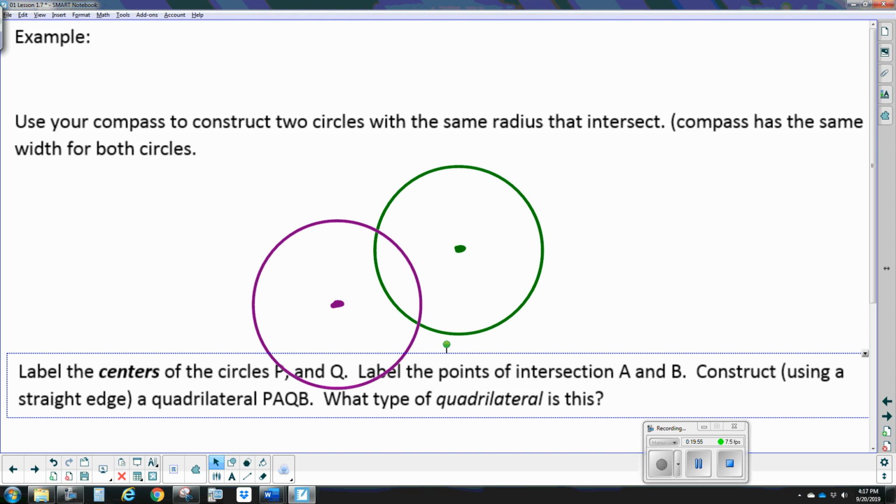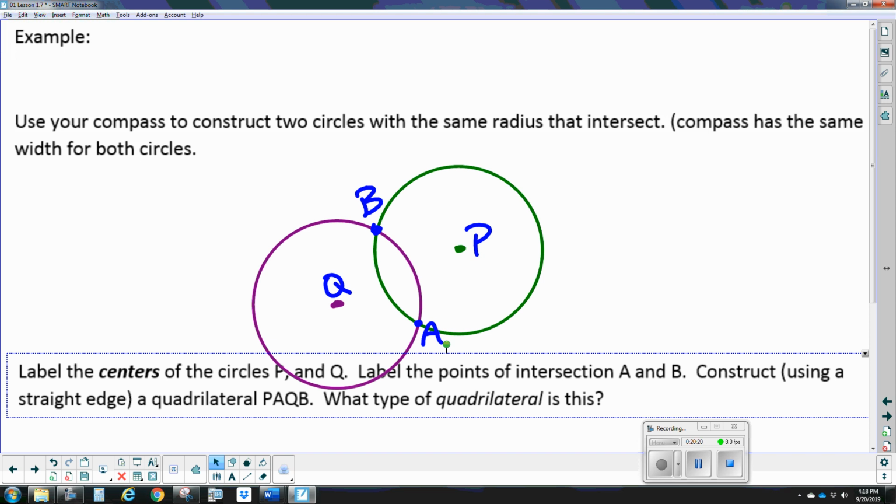And it says label the centers P and Q. Doesn't matter which one is which. Here's P and here's Q. And then it says label the points of intersection A and B. And then it says construct using a straight edge only.